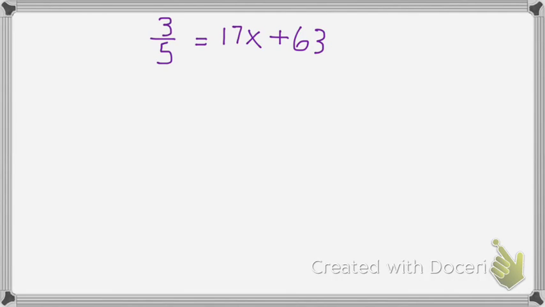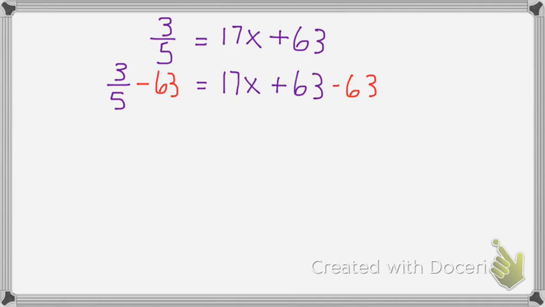So we're going to have 3/5, and I'm going to show my minus 63 is equal to 17x plus 63 minus 63.